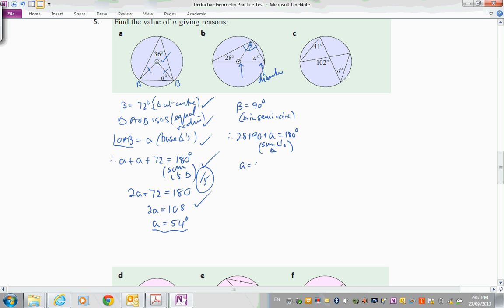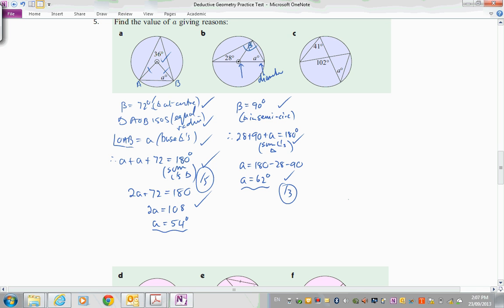A is 180, take 28, take 90, which is A is 62 degrees. Okay. Now, we want 1 mark for that, 1 mark for that. I'll give you 1 for that, for taking it away. Okay, out of 3. How are you doing?